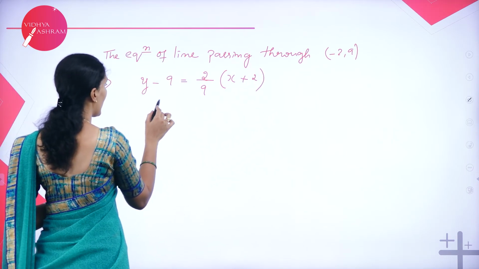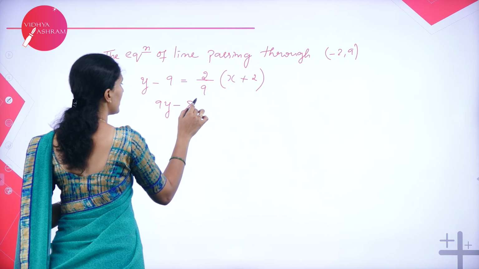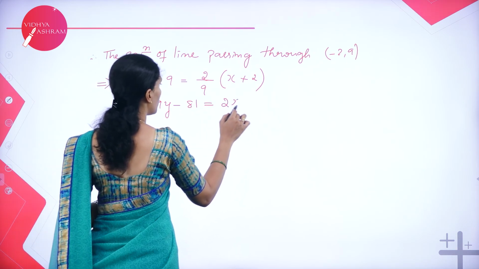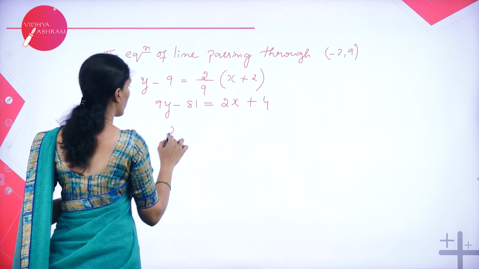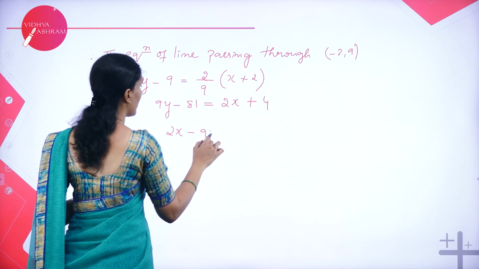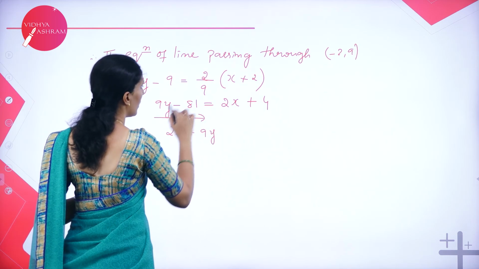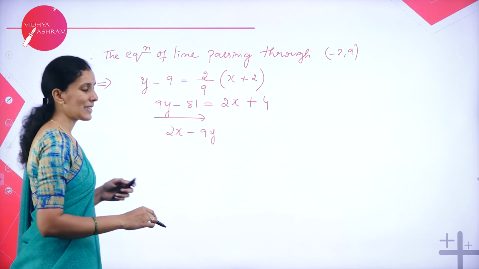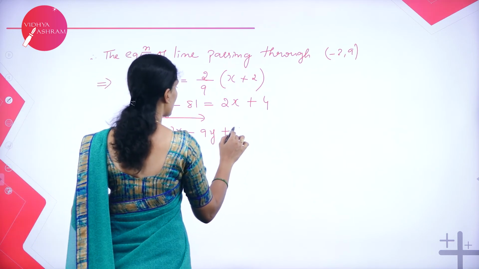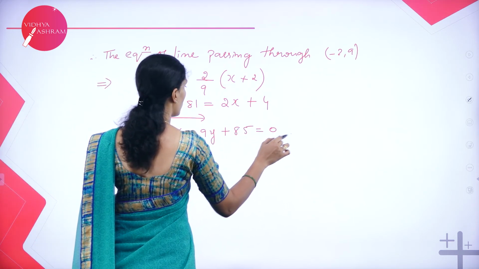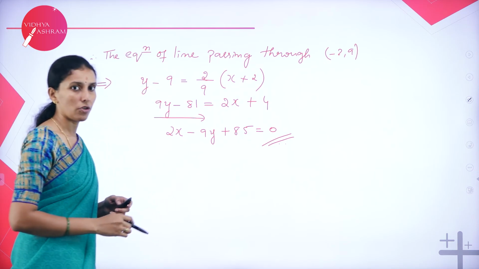So multiply by 9: 9y minus 81 is equal to 2x plus 4, or 2x minus 9y. So shift minus 81 there, it becomes plus 81, plus 4, 85, is equal to 0. So this is the required equation of the line.